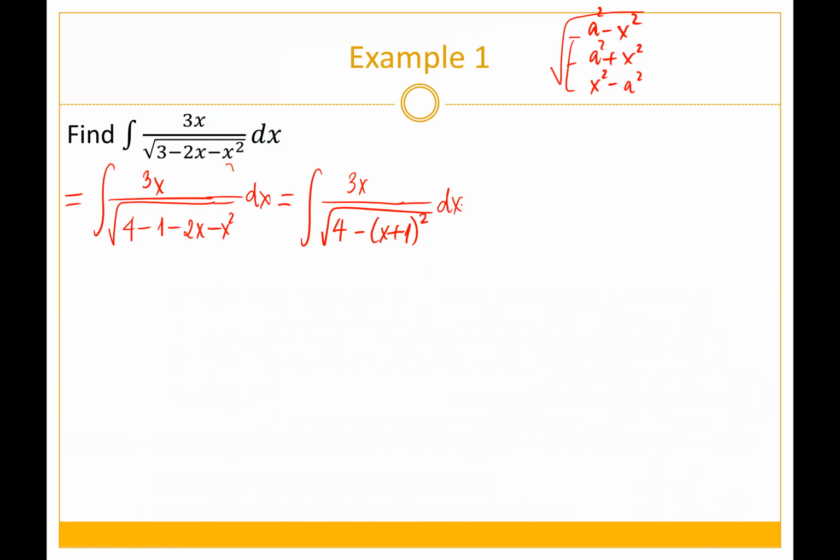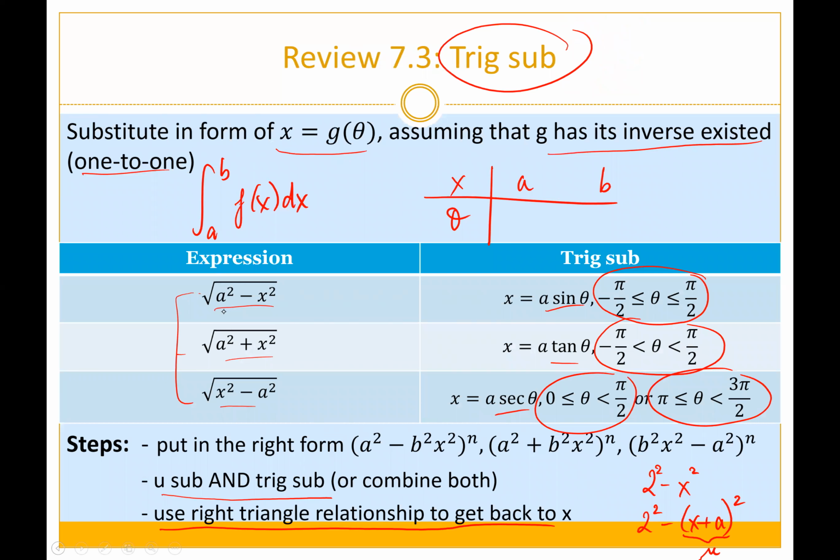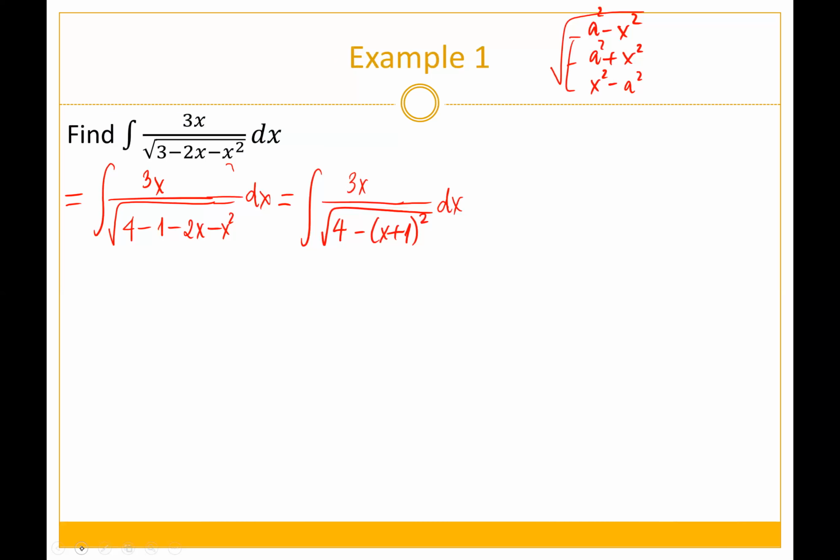Now this is where I'm going to use the u substitution. Here we have a squared minus x squared. First, you're going to try u equal to x plus 1. Then du is equal to dx. Then this integral will become 3u minus 1 du divided by the square root of 4 minus u squared.